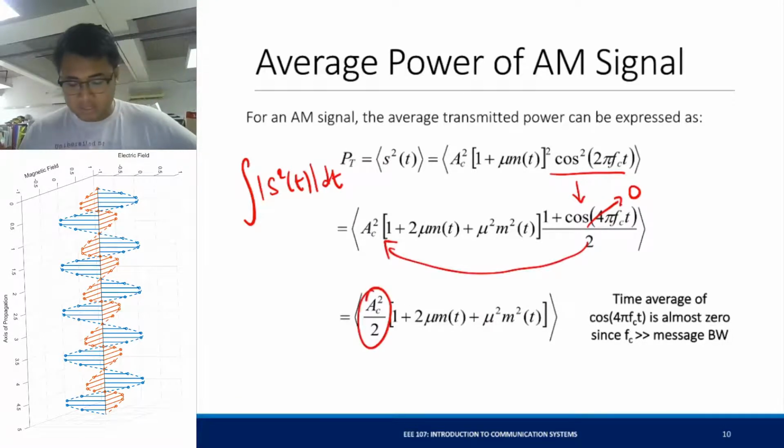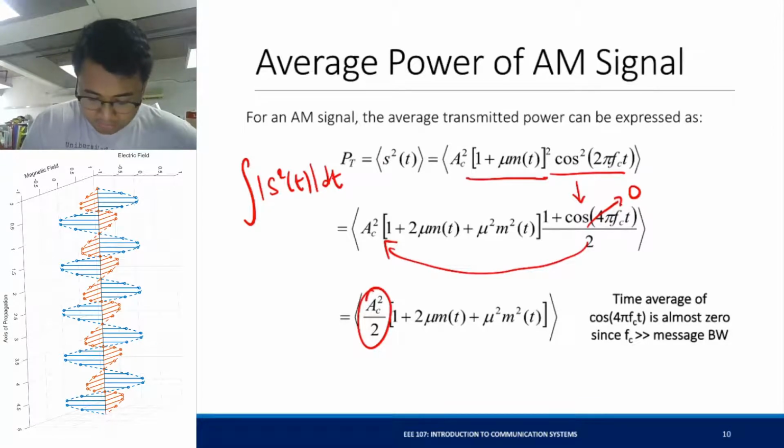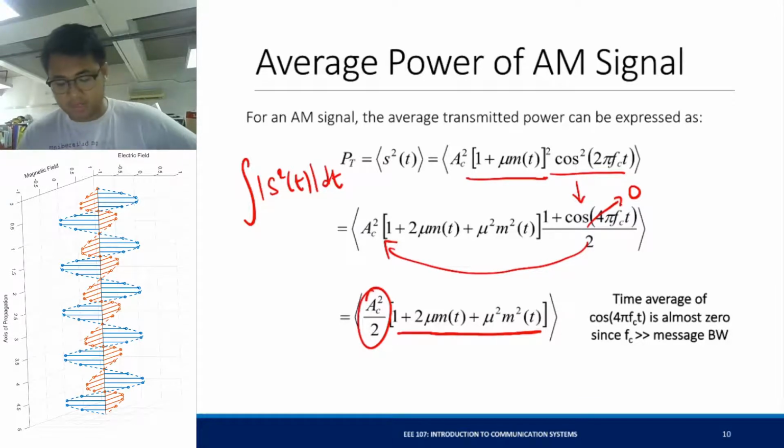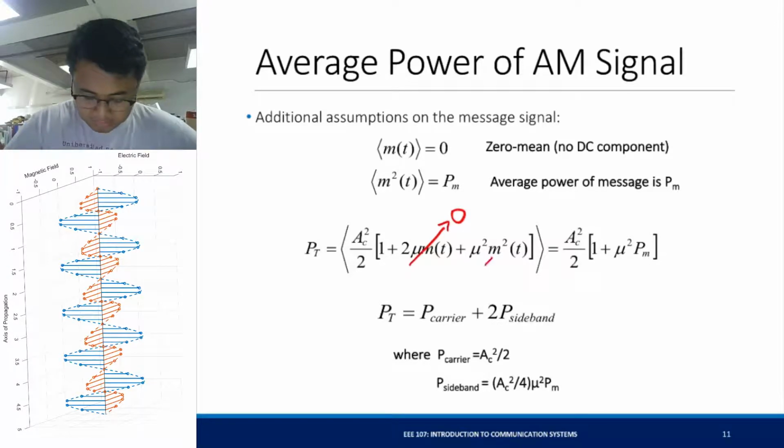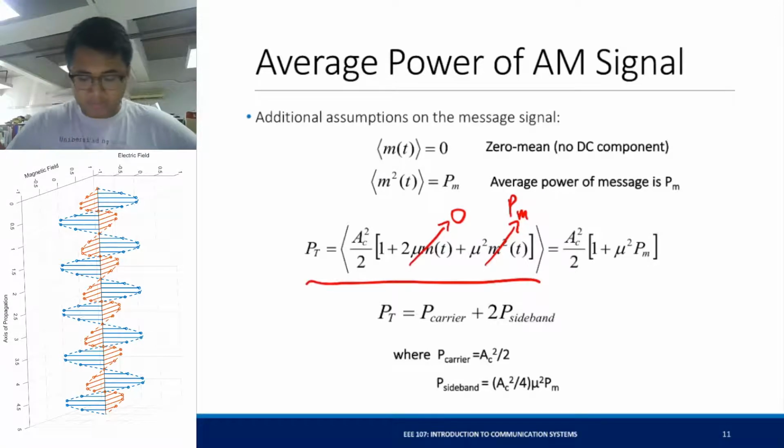So you have this. And the term here will become this term right here. Okay. So if you take the average of that, additional assumptions on the message signal. The message signal has 0 mean. There's no DC component. And the average power of the message is P sub m. So knowing that, this will become 0. And this will become P sub m. Therefore, the average power of your AM signal is equal to this. Okay?